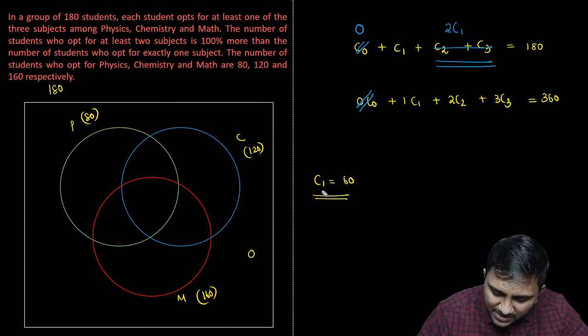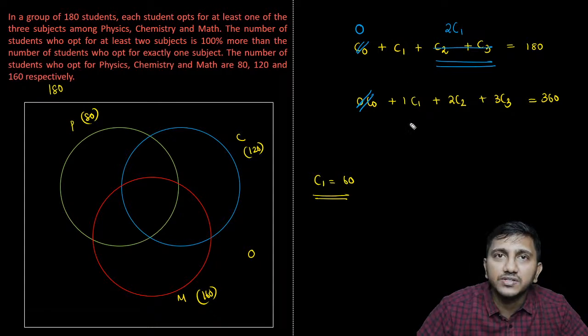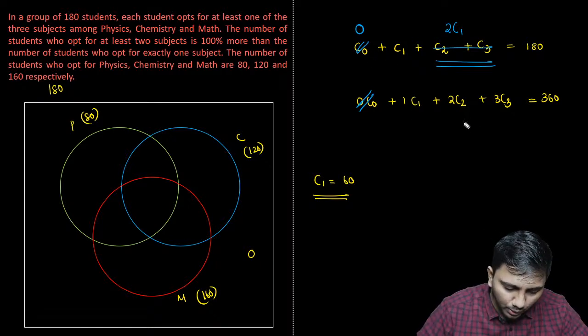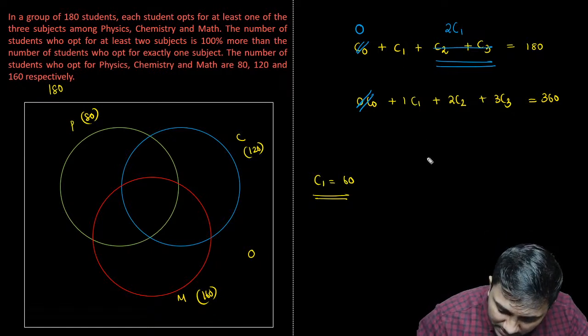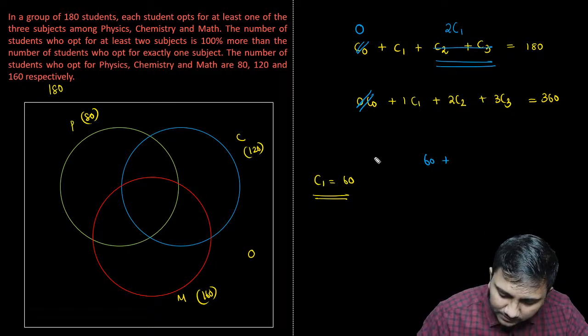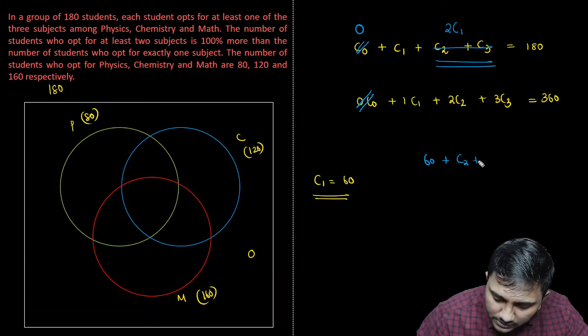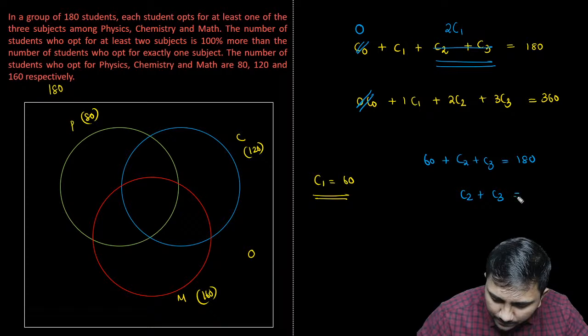Once you get C1 is equal to 60, you can replace that in both the equations, the first as well as the second. So let's do that. The first equation will become 60 plus C2 plus C3 is 180, or C2 plus C3 is 180 minus 60, 120.